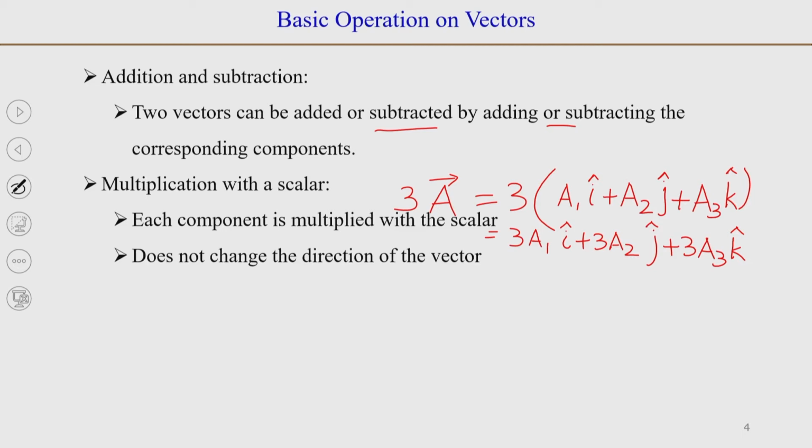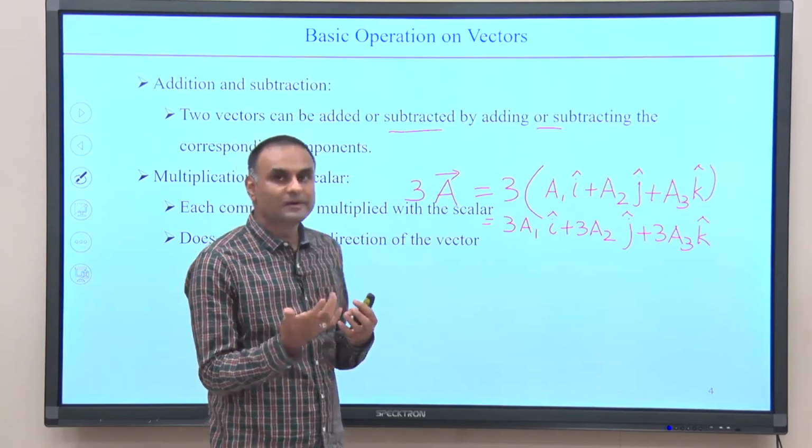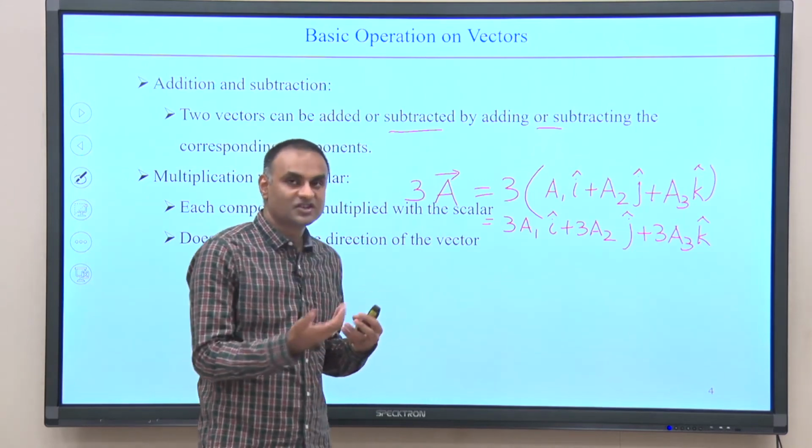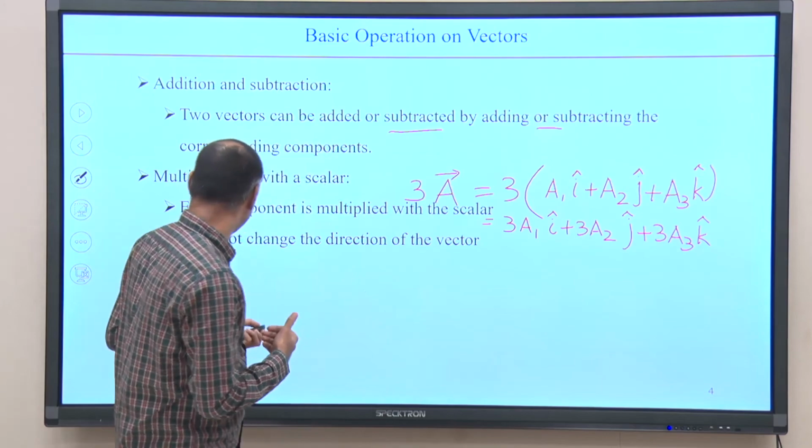Of course, when you multiply a scalar with a vector, the direction of the vector is not changed, but a scalar can have a positive or negative sign, and as a result the direction of the vector might be reversed if you multiply it with a scalar which has a negative magnitude.